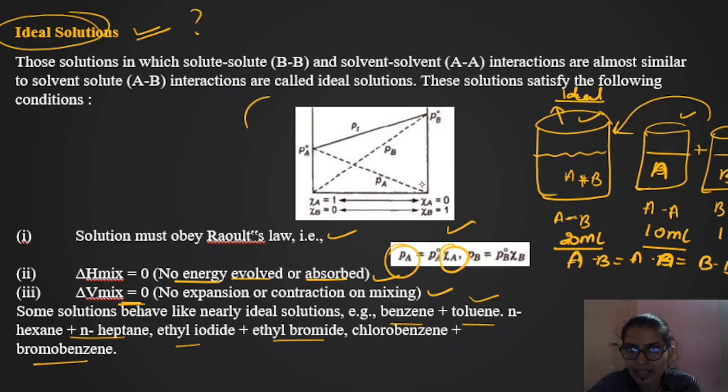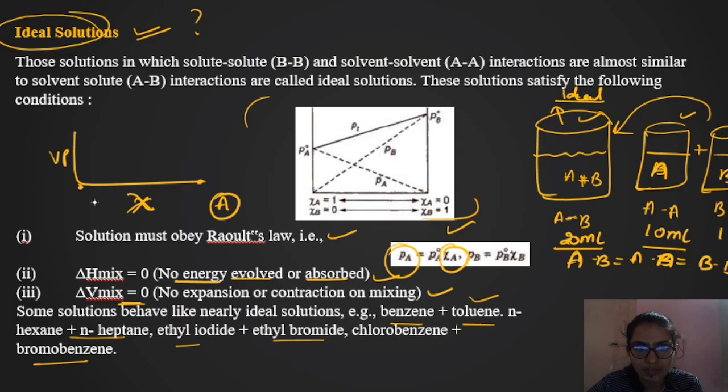And what does this diagram show? Look, we have drawn a graph between vapor pressure versus mole fraction. This is what mole fraction is, right? Initially, let us suppose I'm drawing a graph only for component A. What is happening from this end to this end?